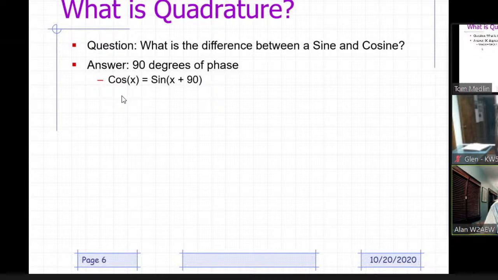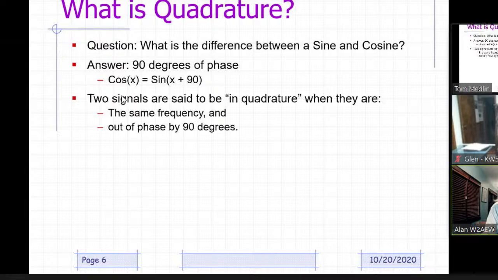They're exactly the same waveform, just one is delayed or advanced with respect to the other by 90 degrees. Whenever you have two signals of the same frequency but out of phase by 90 degrees, they're said to be in quadrature. That's the name applied to that.